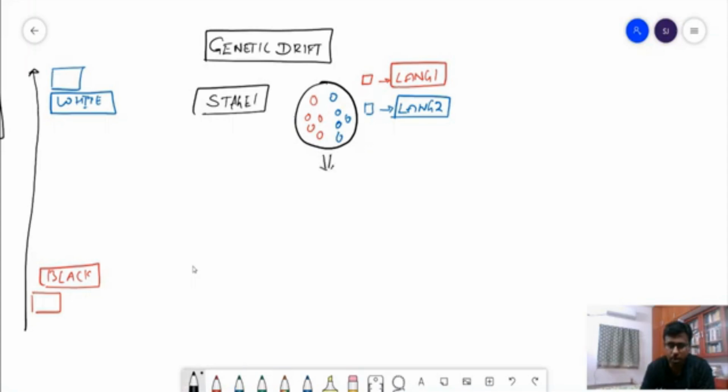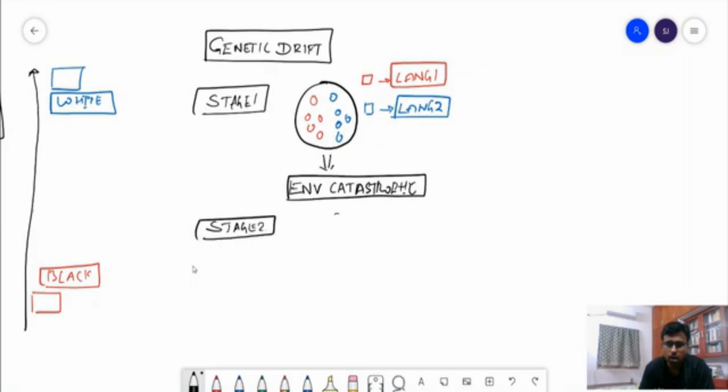But what happens is that an environmental catastrophe arises, any flood or earthquake, whatever it is. In stage 2, this environmental destruction removes the population speaking language 1, purposefully or because of some chance.